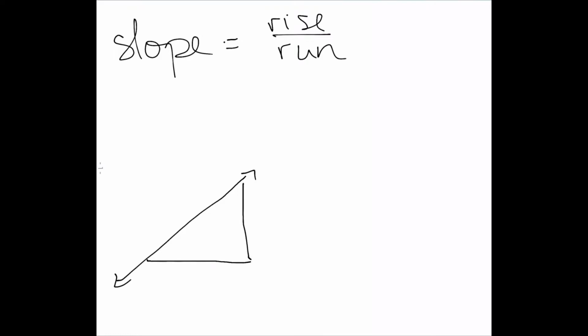Whenever we're dealing with the real world, we often see this called pitch or grade. And in math, we want to be able to actually find this using a formula. So let's suppose that we know 2 points on the line, and this can be any 2 points. We'll call them x1, y1, and x2, y2.